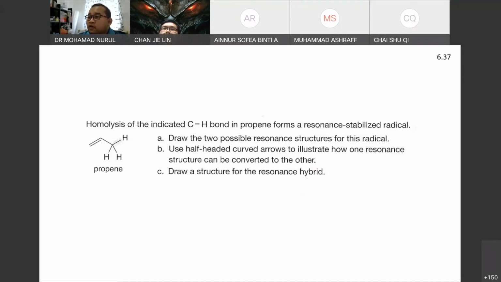Homolysis of the indicated CH bond, which is here, in propene forms a resonance stabilized radical A. What they ask you to do: first, draw the two possible resonance structures for this radical. So first we have to remove the proton here, so you will get this.